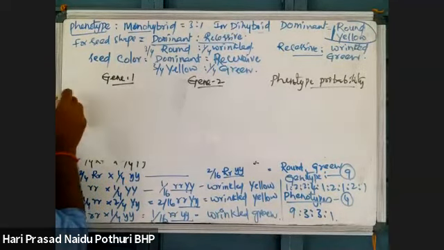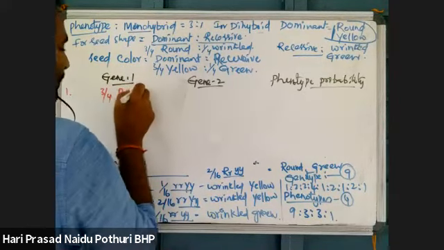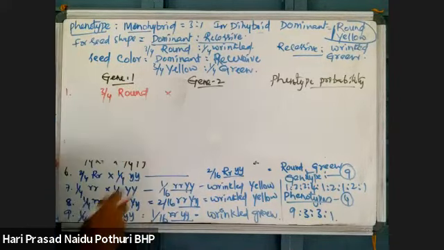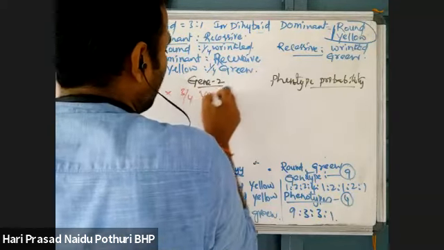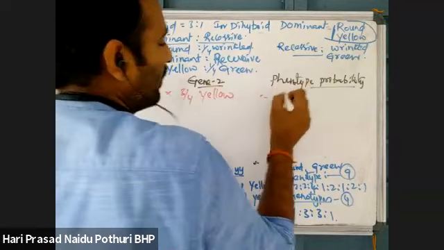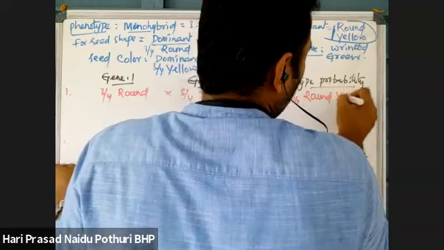Suppose the first case, gene 1, 3/4 round. Gene 2, if it is 3/4 yellow taken, then how much will come? 9 by 16, which are round yellow.